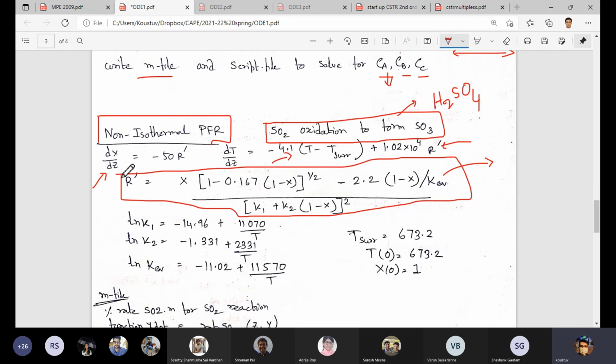Though the final formulated differential equations are written here, one can start based on reading the questions and writing the different terms that are present, because at this stage I guess you should be able to write the balance equation from scratch, be it CSTR or be it PFR, isn't it?